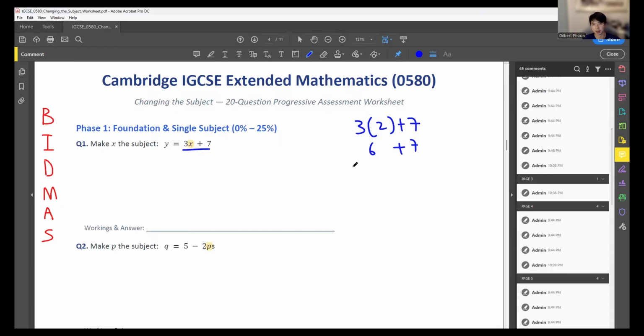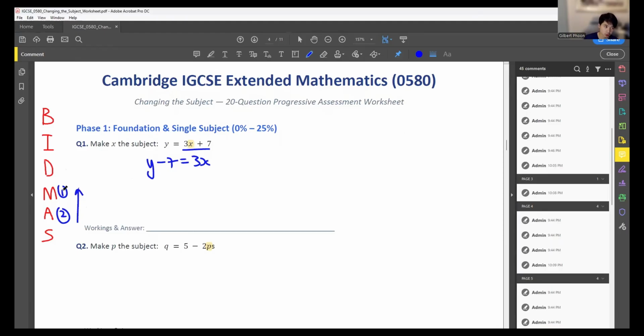In changing the subject, what you're going to need to do now is the reverse order of it. Initially, this was first, and then this came after. Now, to make x the subject, I need to do the addition first. So bringing the addition to the left-hand side, y minus 7 equals 3x.